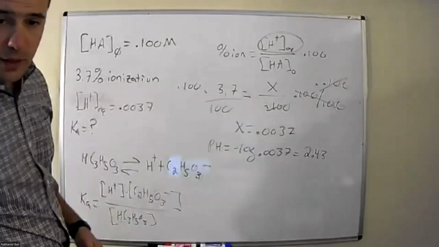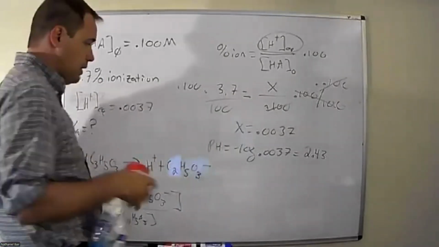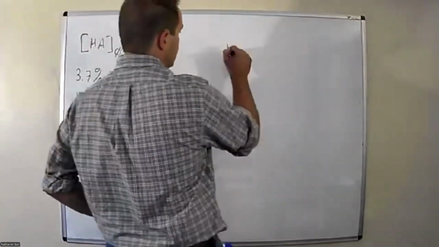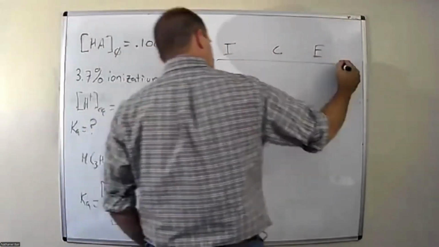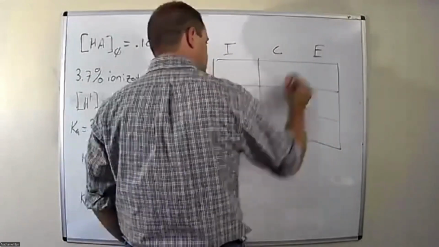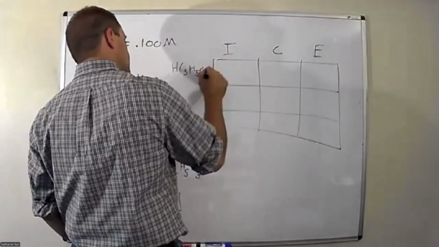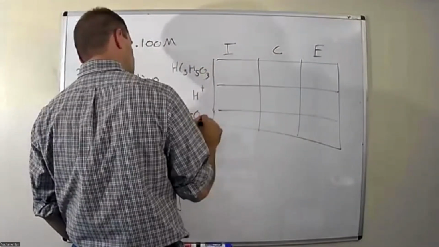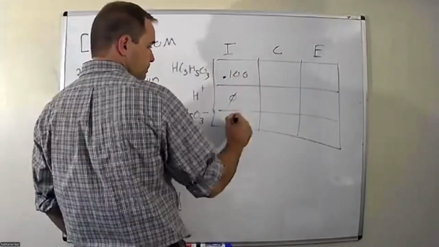Now what we need to do is make an ICE table, and then plug that into here, and we can get that Ka value for lactic acid. It was a 0.1 molar lactic acid solution.